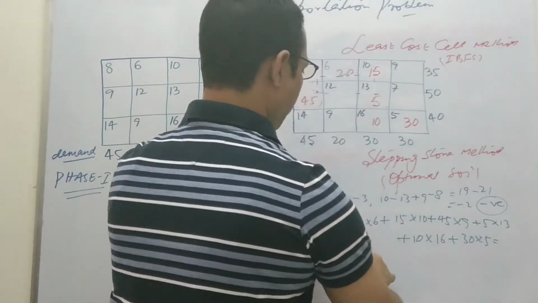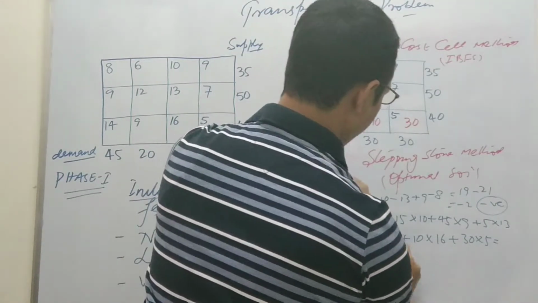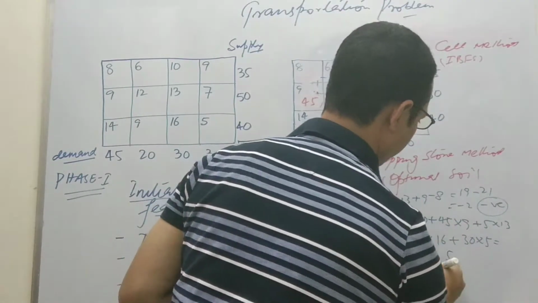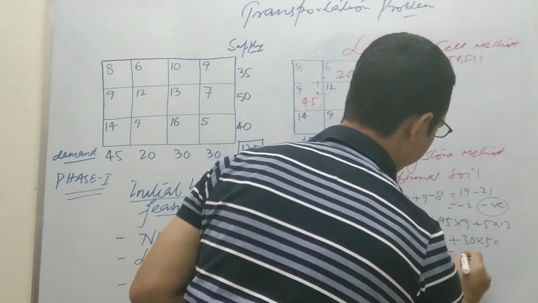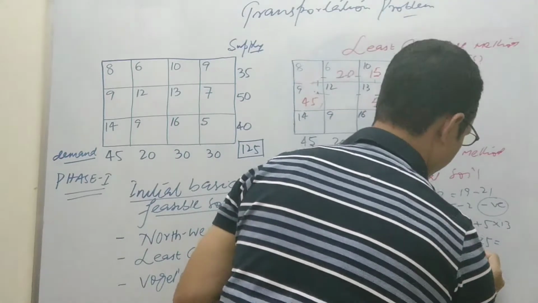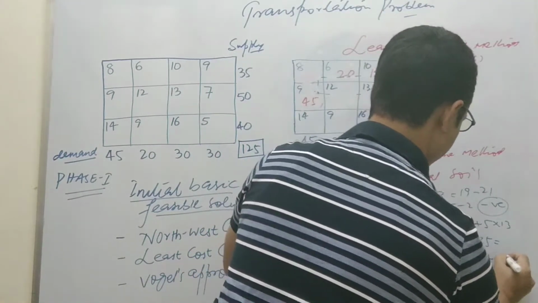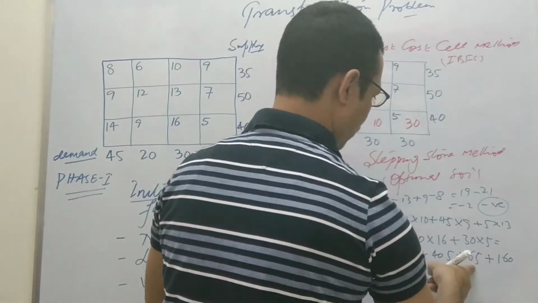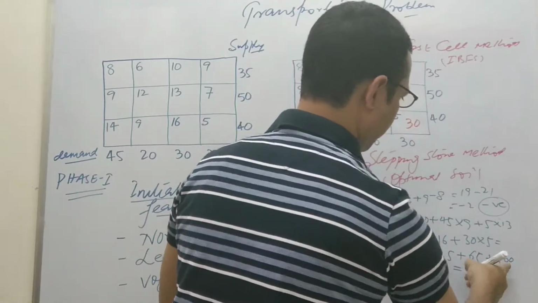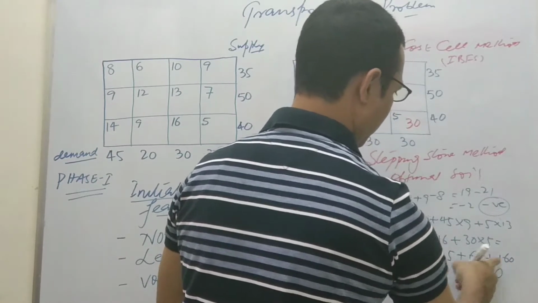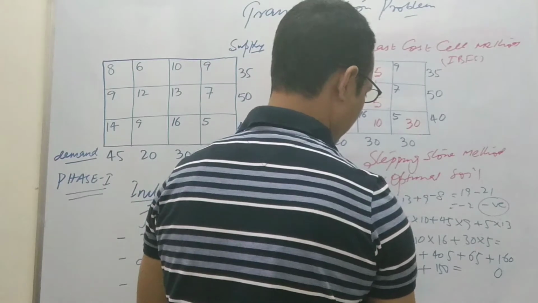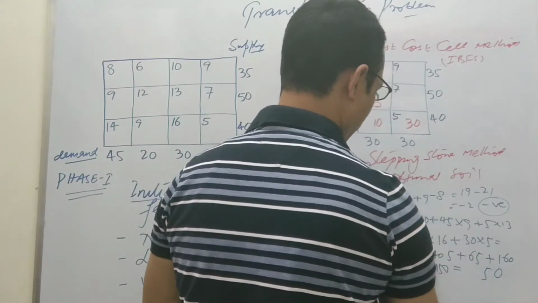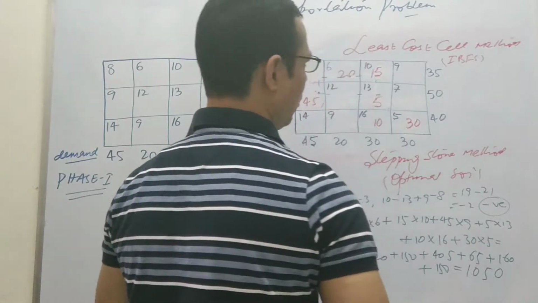So we'll see what is the result. 6 into 20, 120, plus 150, plus 45 into 9, 405, plus 65 plus 160 plus 150. Just add all these values.